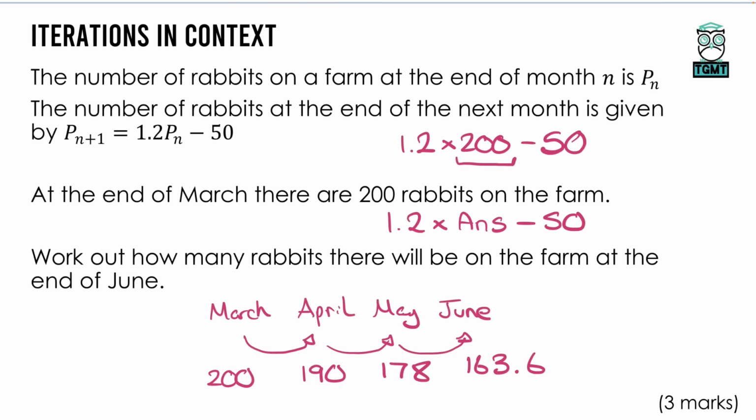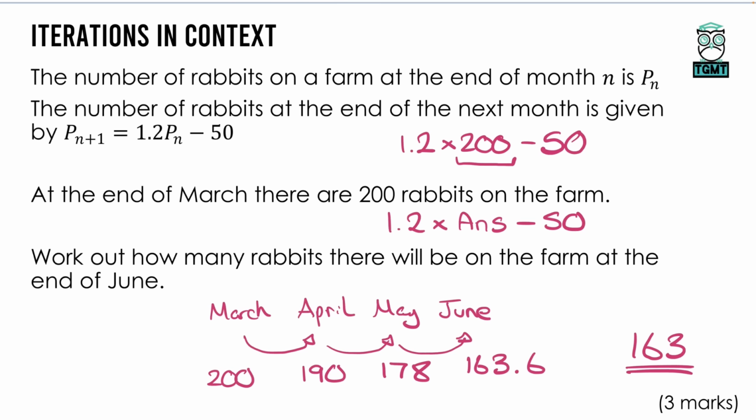Now, it's not quite gone down to the 163rd rabbit, so we could say, actually, there's 164. Or we could say that actually it has gone past that 164th rabbit, and therefore the answer is 163. Now, I'm just going to write 163 here, because typically, when this sort of question comes up, it does actually allow either answer. But we could make arguments either way for the reason why we're rounding it the way we are. But there we go.